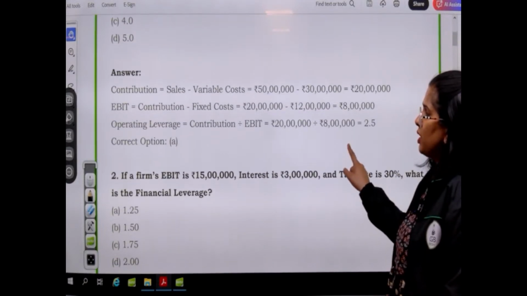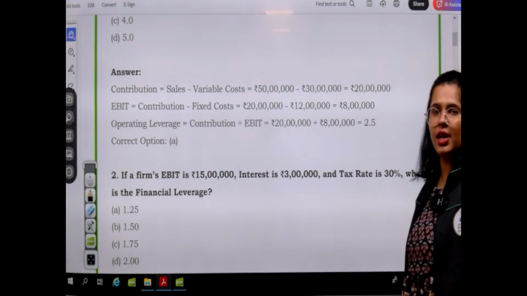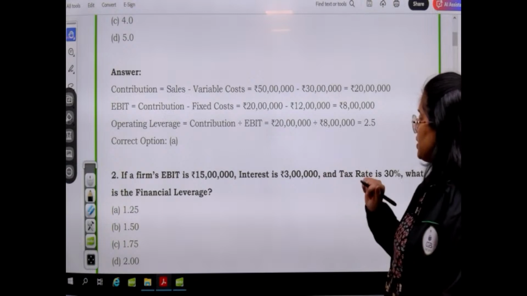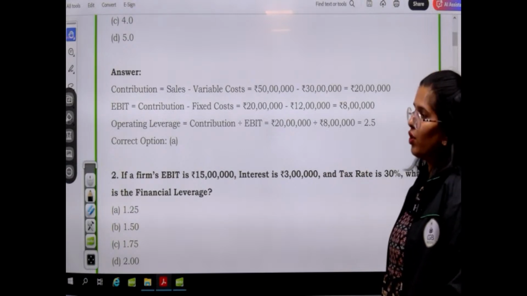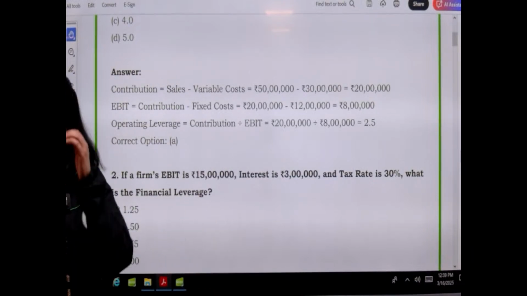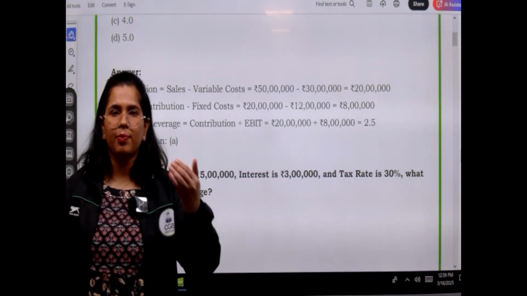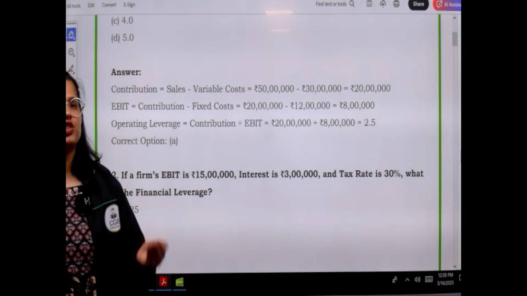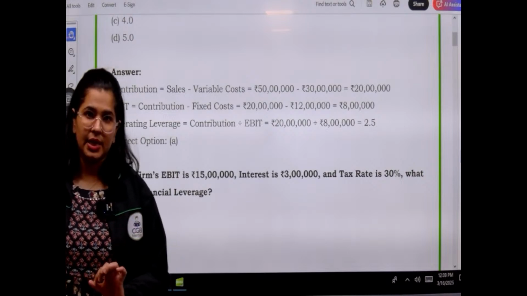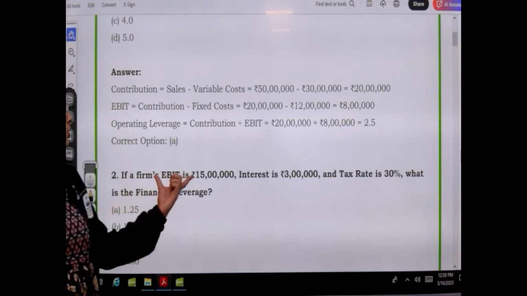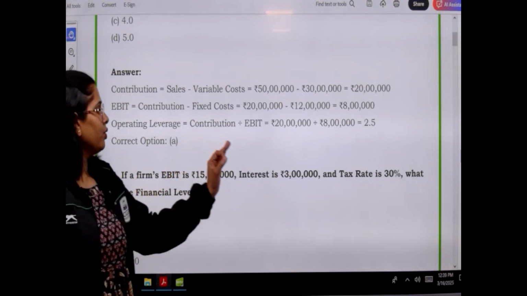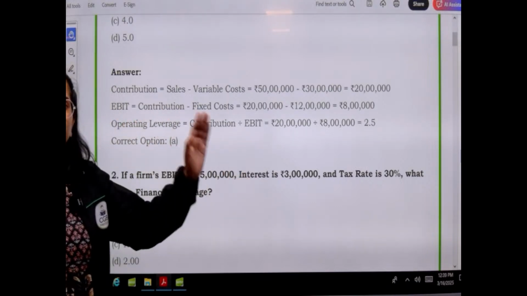Now next question, they want us to calculate financial leverage. Over here they have given us EBIT, interest, and the tax rate as well. Now I know the financial leverage formula: EBIT upon EBT. EBIT is clearly given here, and I just have to reduce the interest to get to the EBT.